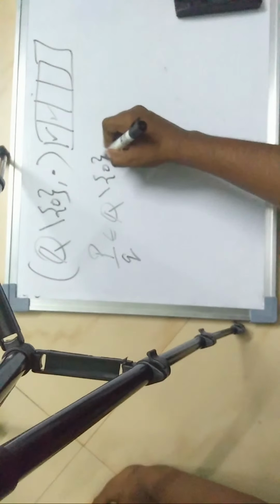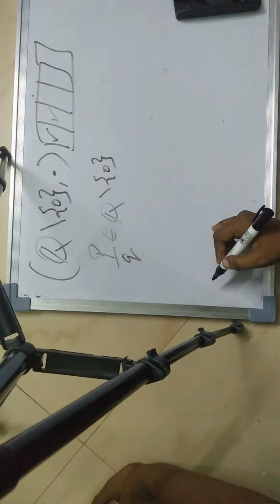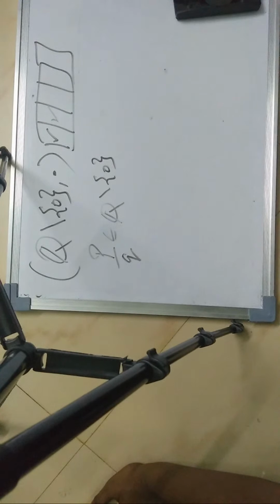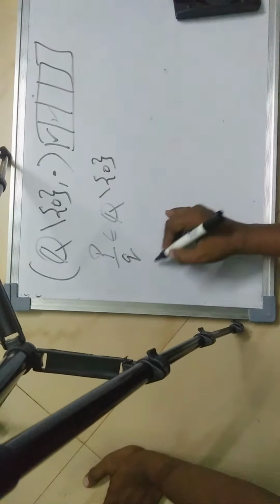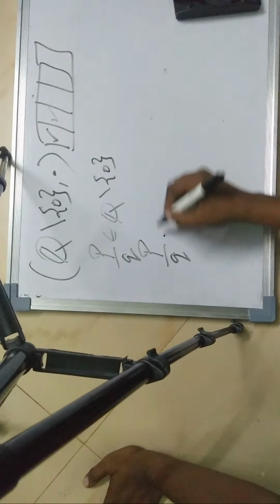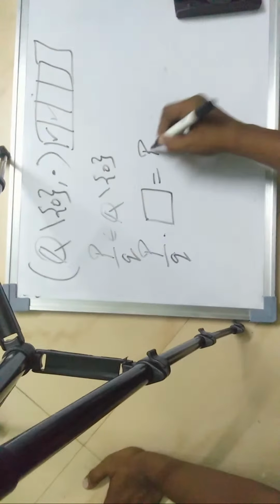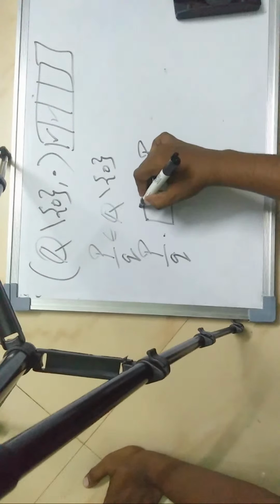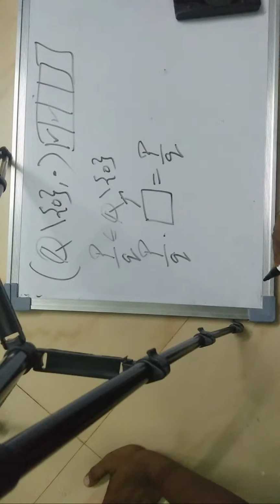Let us take an element p by q in Q minus 0, any random element. We need to find one element in the set of all rational numbers minus 0, such that whenever you multiply with that element, you get back p by q, and this must be from Q minus 0.